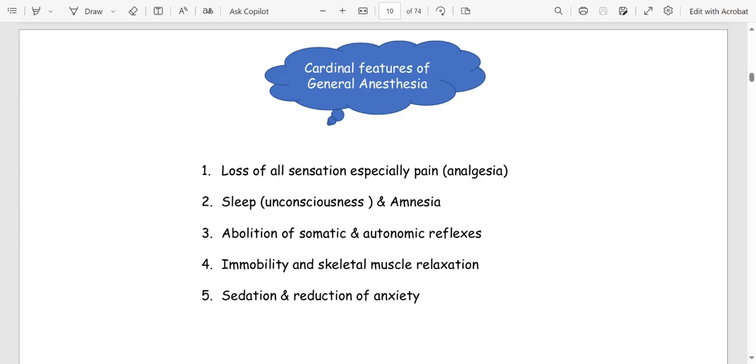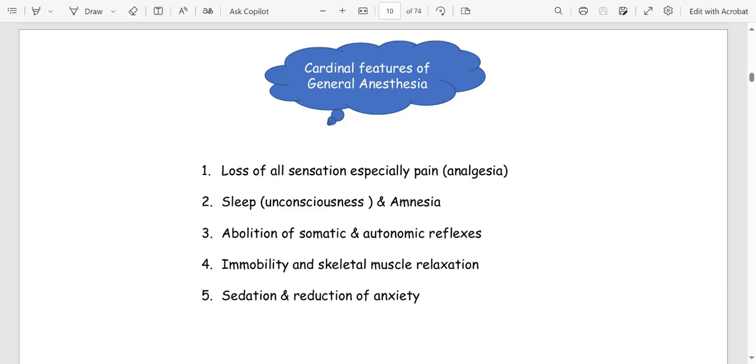All those reflexes are going to be off, like the pupillary reflex is going to be off. And then there's also going to be immobility and skeletal muscle relaxation. This is important. Someone under general anesthesia can't move. Okay, they can't move. Actually, this is the first thing that you'll be able to see.